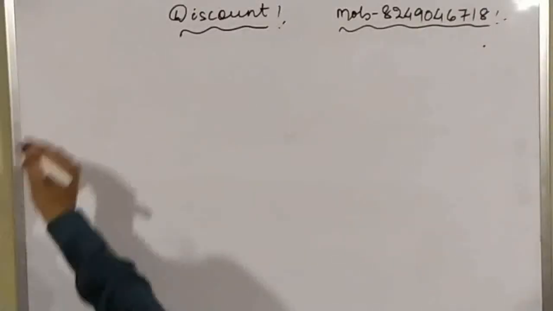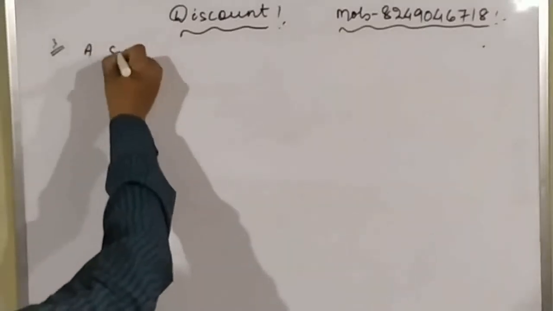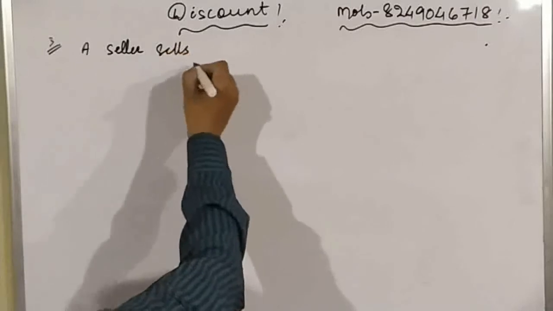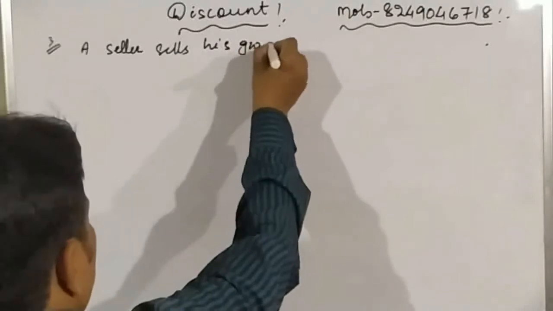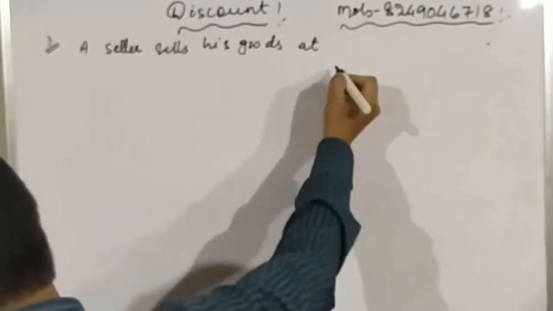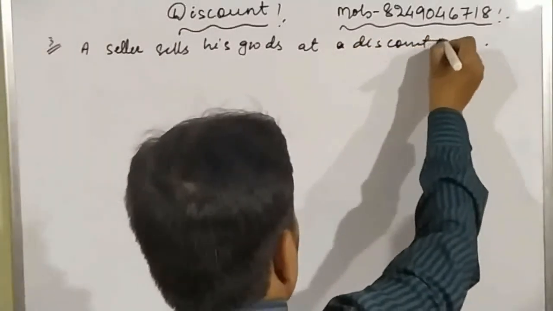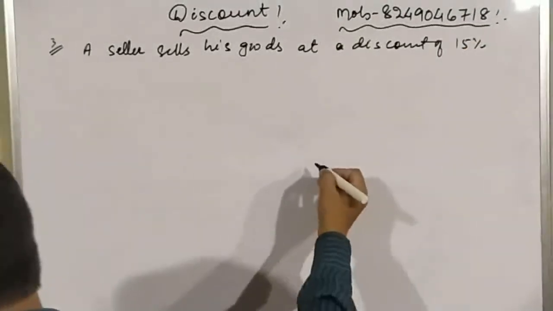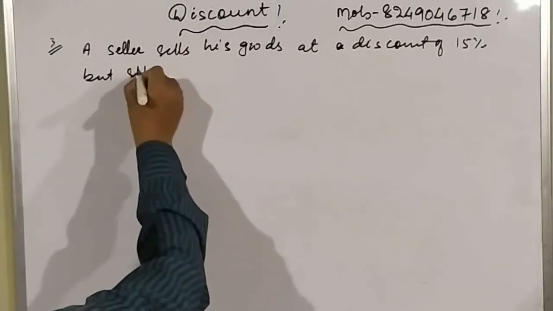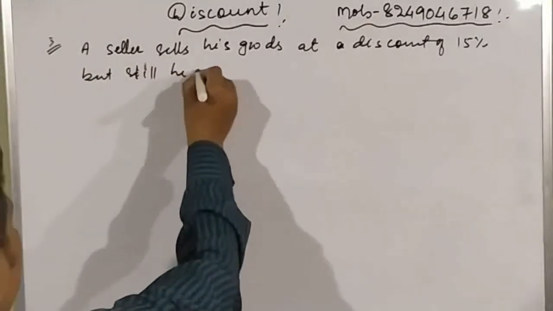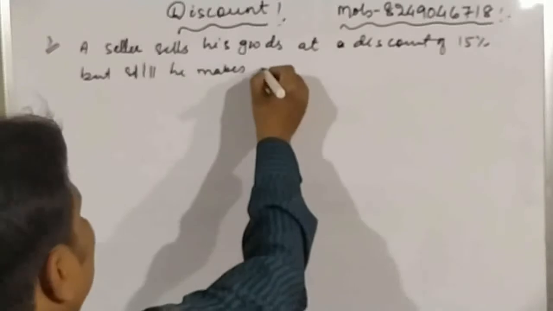First of all, we will write the question here. A seller sells his goods at a discount of 15%, but still he makes a profit of 2%.